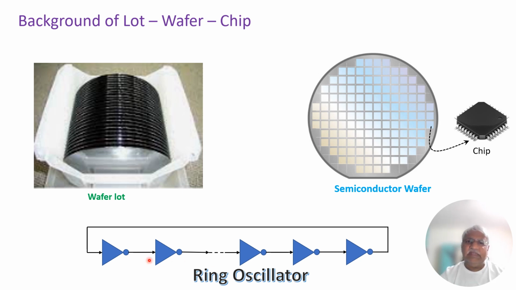So the delay obtained at the end of this ring oscillator will be calibrated, and several dies in these wafers are sampled, and then you will figure this out to estimate the PVT process corners.